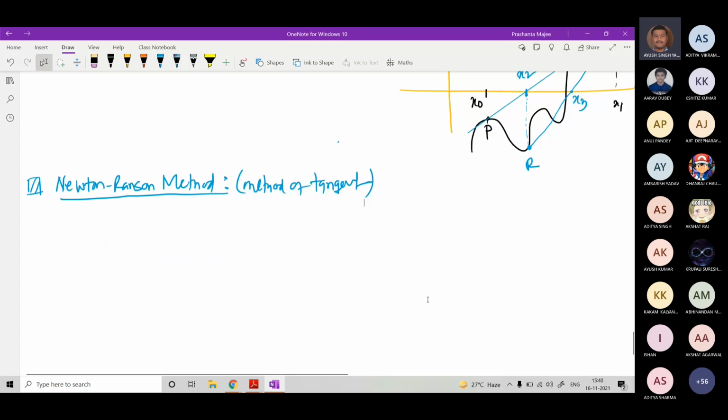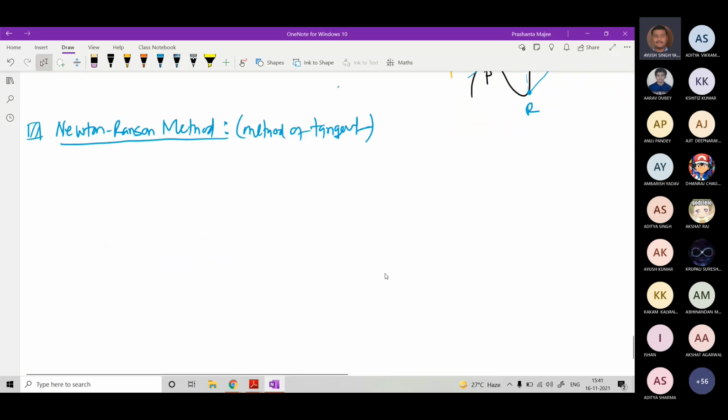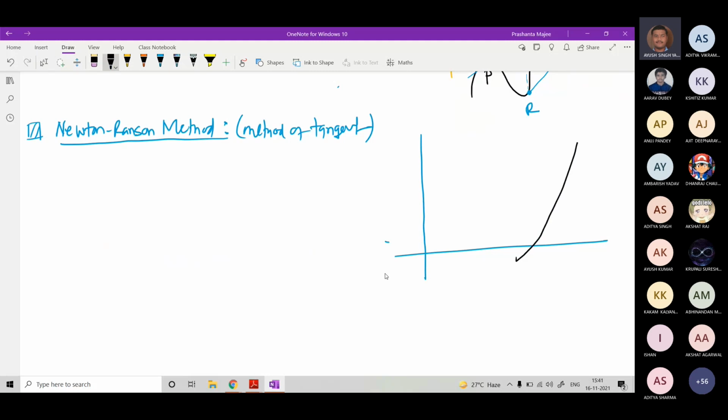So suppose this is the scenario. This is the typical picture of the graph, the typical graph y equals f of x.